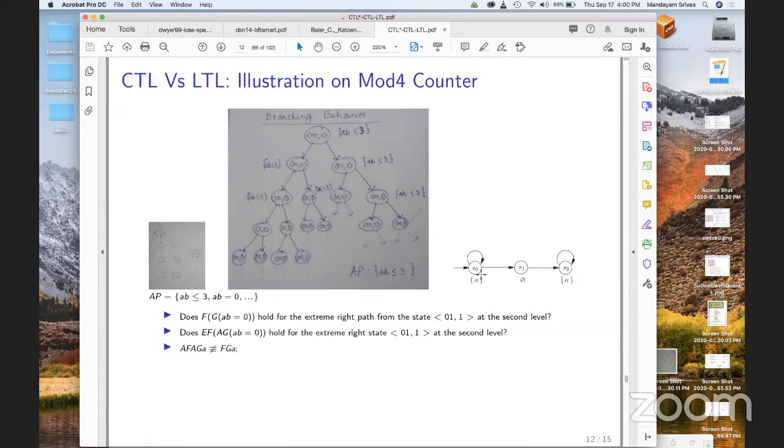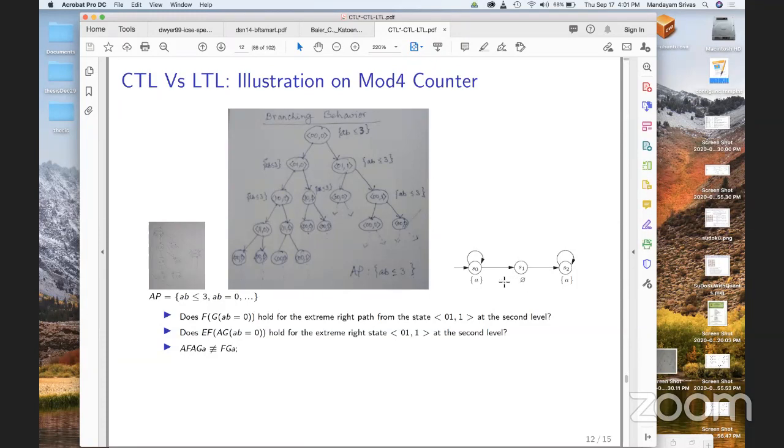That can never happen here, because if you take the path S naught omega, S naught itself does not satisfy AG of A, because it has a path originating from it in which in the very next state A is not true.